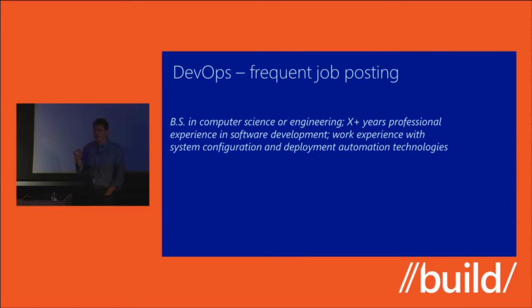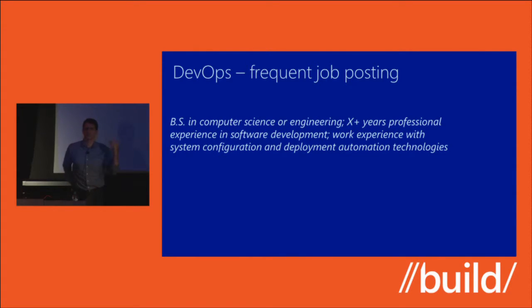I thought this was a very interesting approach here. I just happened to grab a job posting which was typical of one we are seeing a fair bit of these days. It says we want a bachelor's in computer science or engineering, some N years or X years of professional experience in software development, and notice the last couple of clauses anyway, work experience with system configuration and deployment automation.